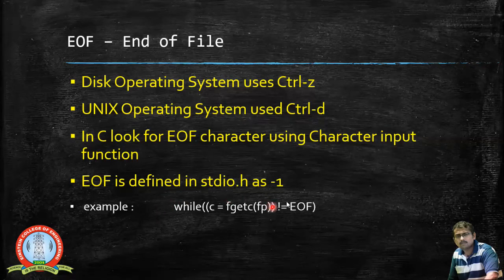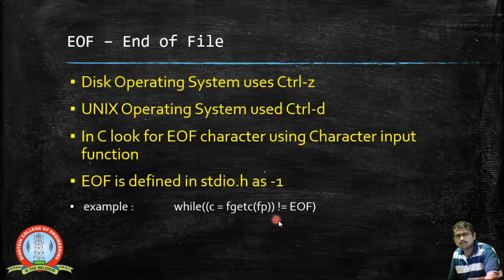Now a simple example is given here, where I have a while loop that keeps executing. Inside the while loop, I have given a getc function which gets a character from the file pointer, reads the character and gives it to c. Until c is not equal to EOF, written in capital letters, it keeps on reading.